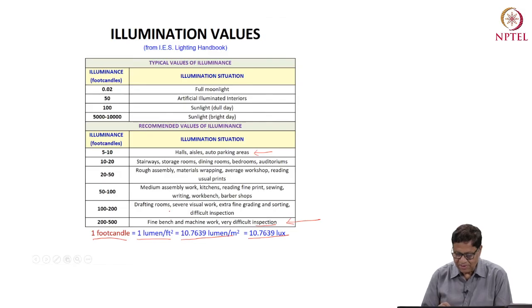Depending upon the situation, whether it is stairways, a drafting room, or reading fine print and things like that, this illumination criterion changes. These are some typical values of illumination, because as we will see, we are going to use the current LEDs which are mounted inside the room or office for communication.